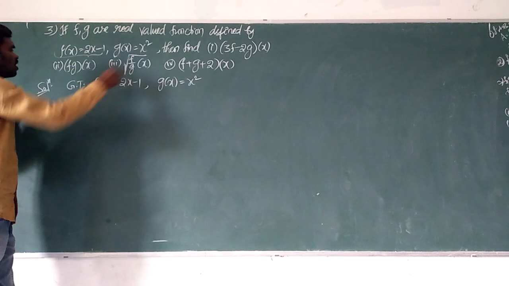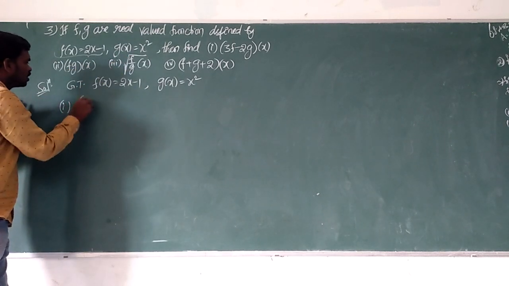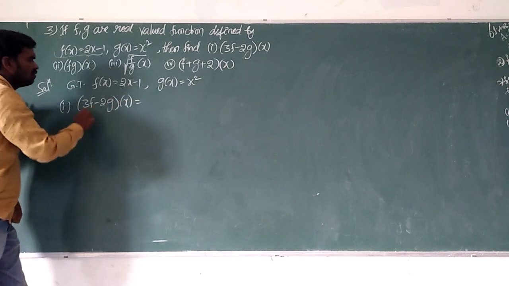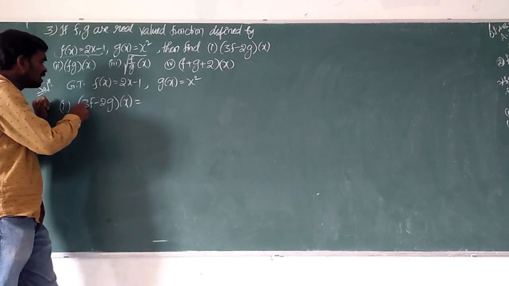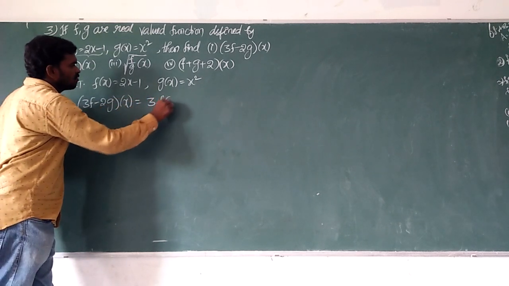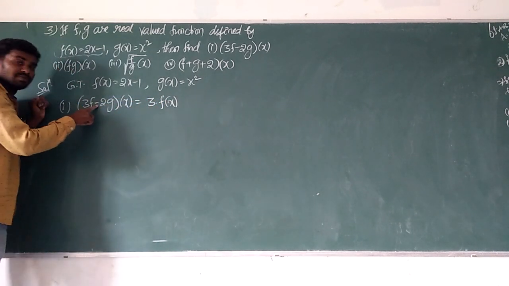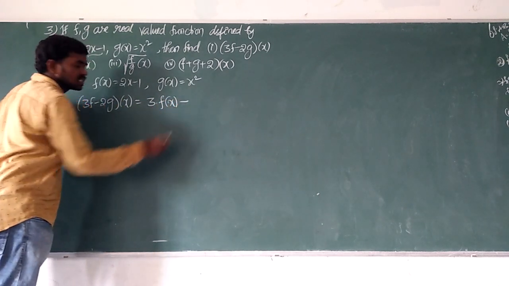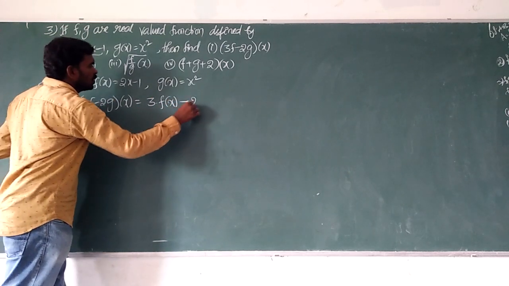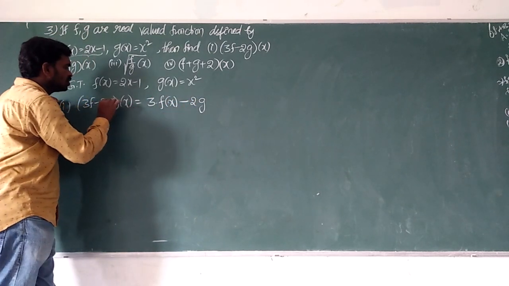And the first question is what? 3f minus 2g of x. We can simplify this. This is 3f of x. Next minus. So write down minus. And what is it? 2 into g. What is the variable? G of x.